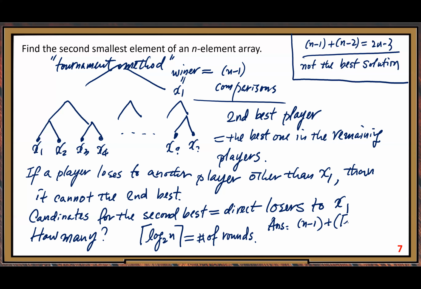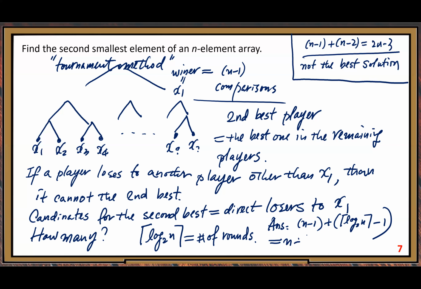That's the ceiling function of log base 2 of n, then minus 1. Yeah, because to find the best, you need to do comparisons also minus 1. Okay? Then we simplify this formula.